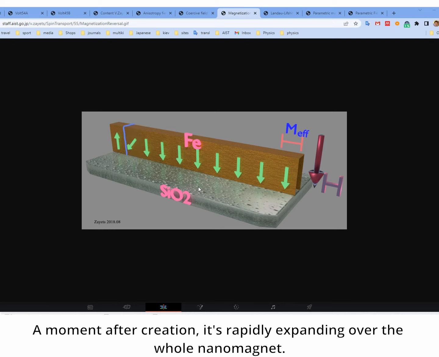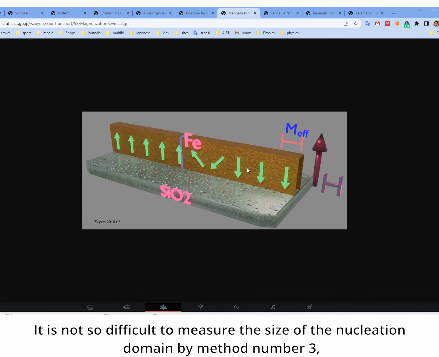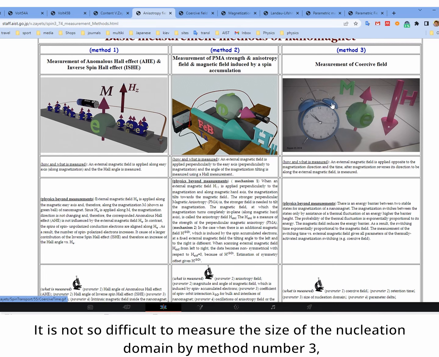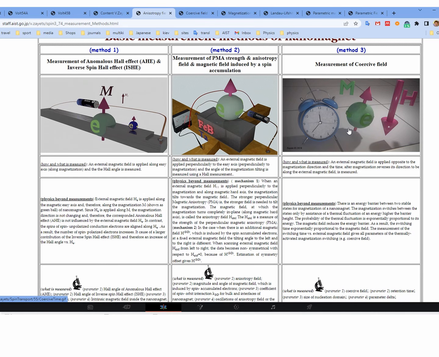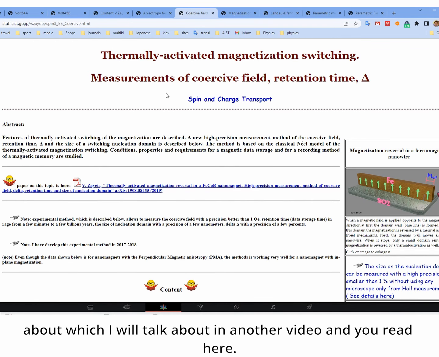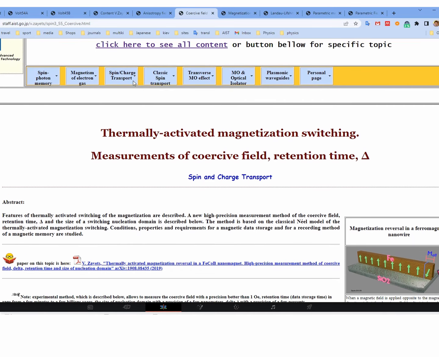A moment after creation, it rapidly expands over the whole nanomagnet. It is not so difficult to measure the size of the nucleation domain by method number 3 here, about which I will talk in another video, or you can read about it here, for example.